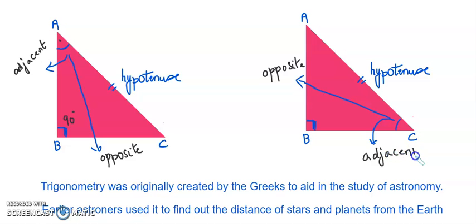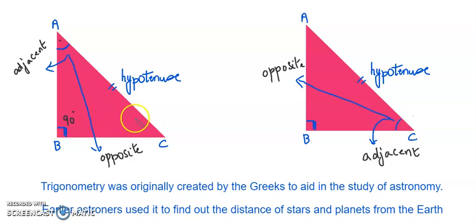So the key point here is the moment you change the angle for the same triangle, the two things which shift are the adjacent side and the opposite side. Hypotenuse is going to be the same. With this particular concept, we are going to define the basis of trigonometry.